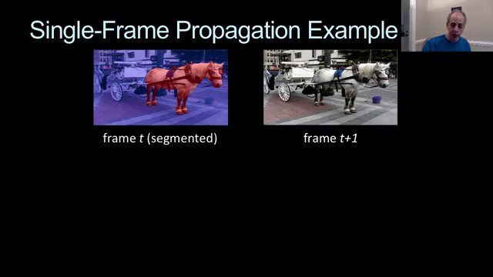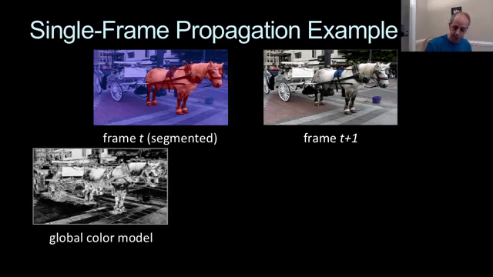Let's just illustrate how important this is. We have here one frame segmented. We have the horse segmented out, and we're going to want to segment the next frame. So first of all, why local? Remember, having this frame, we have blocks around it, and we do everything local.